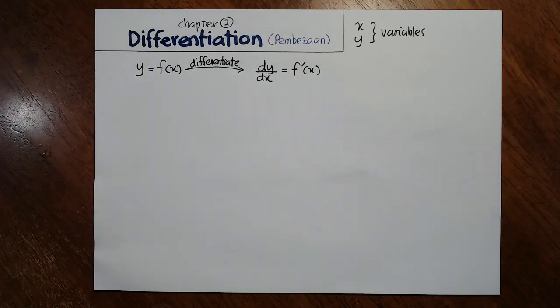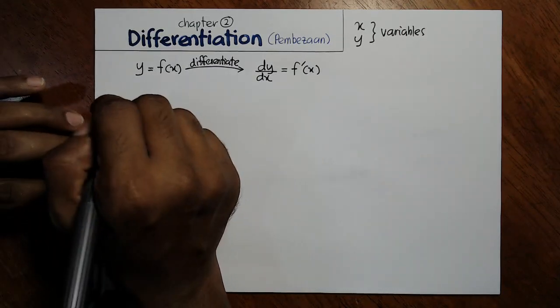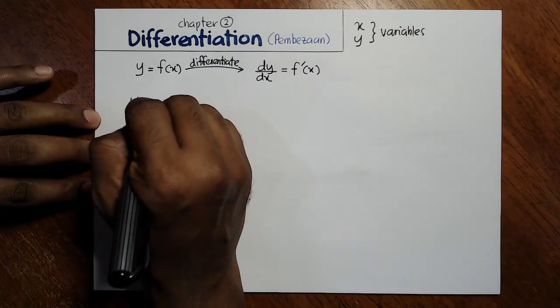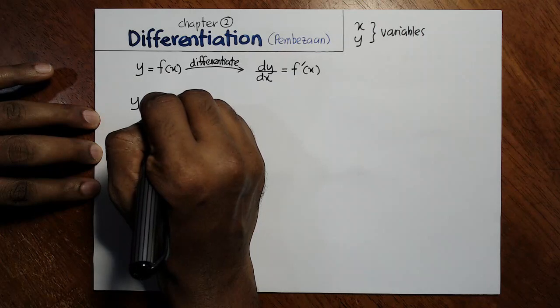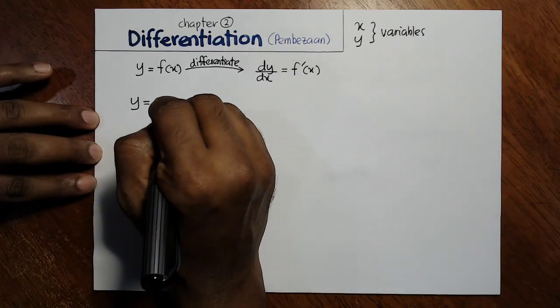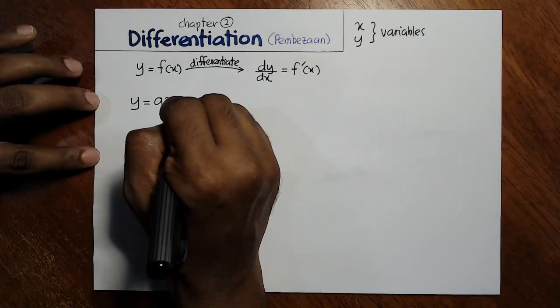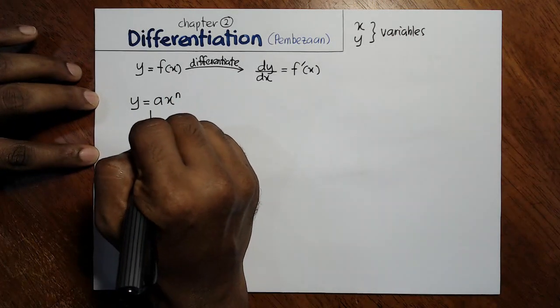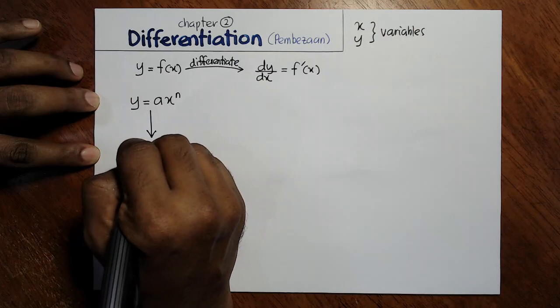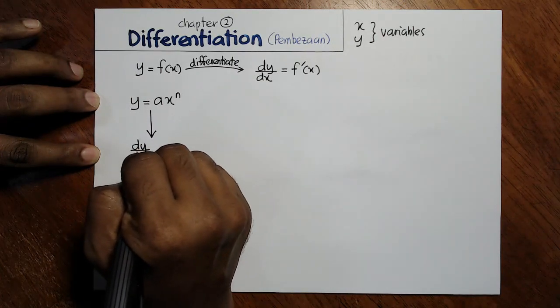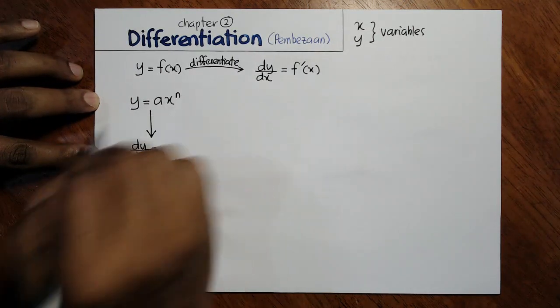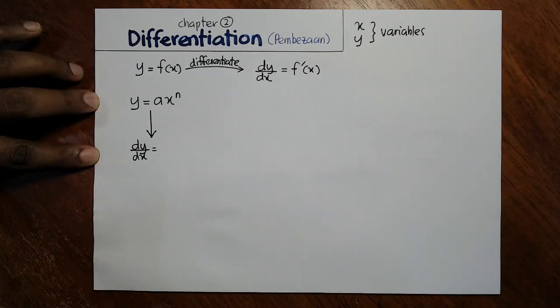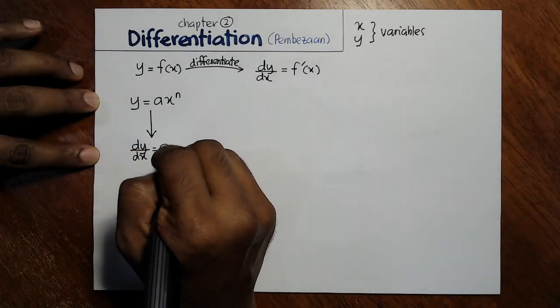In an ideal situation, you would want the equation to be in this form: y equals ax to the power of n. When you differentiate this, y changes to dy dx, and for ax to the power of n, a will still be there.